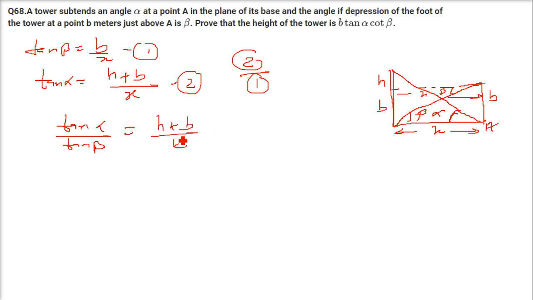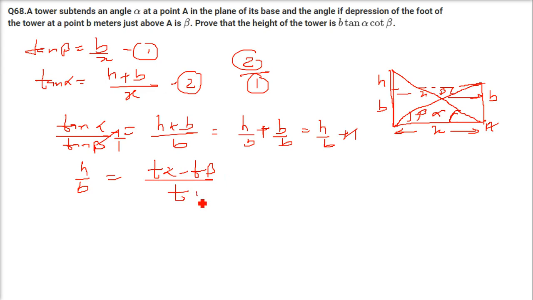Now H plus B by B can be written as H by B plus B by B, and this is going to be 1. So it can be written as H by B plus 1. Now I'm taking this 1 here, so this will be H by B equal to tan alpha by tan beta minus 1. So it will be tan alpha minus tan beta by tan beta.